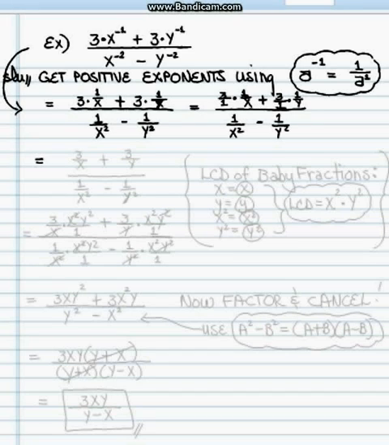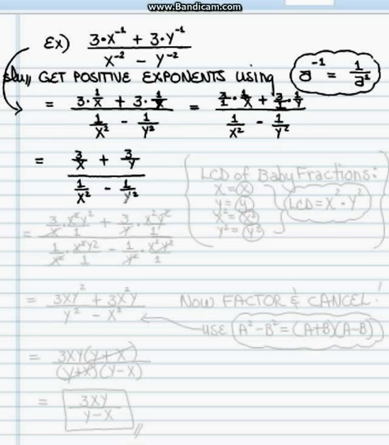Okay, so 3 over 1 times 1 over x, that is top times top over bottom times bottom: 3 over x, then the plus. Top times top over bottom times bottom, 3 over y. All of that is over 1 over x squared minus 1 over y squared.